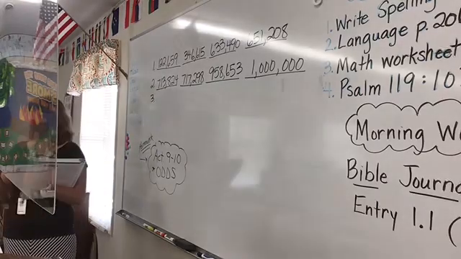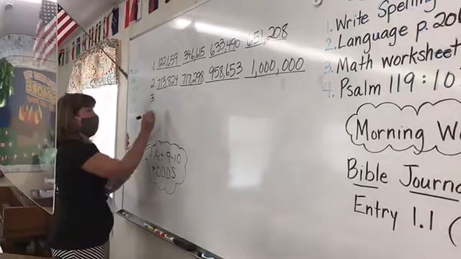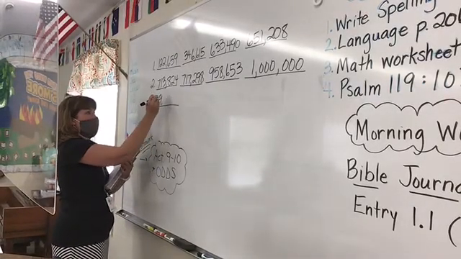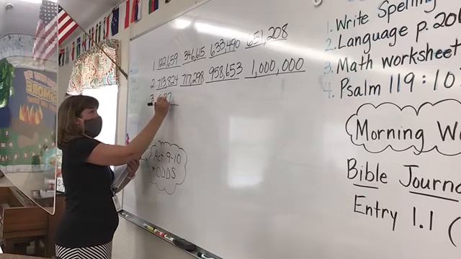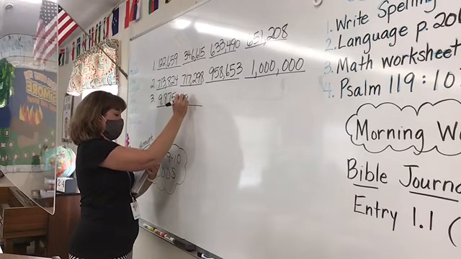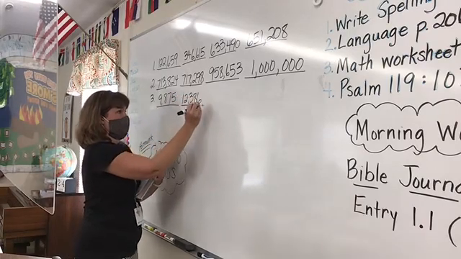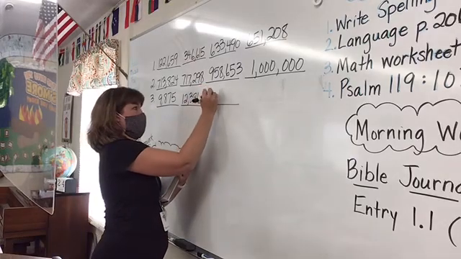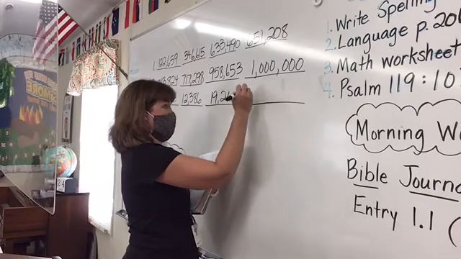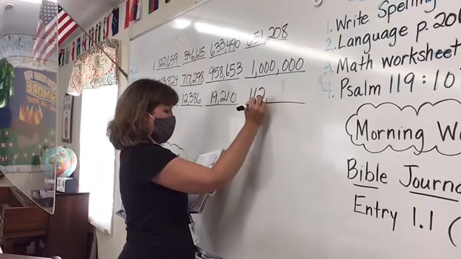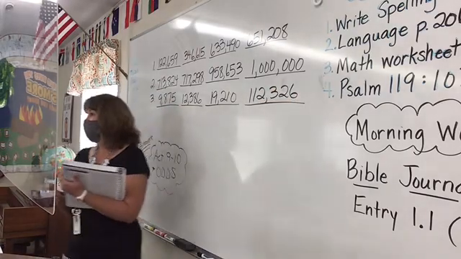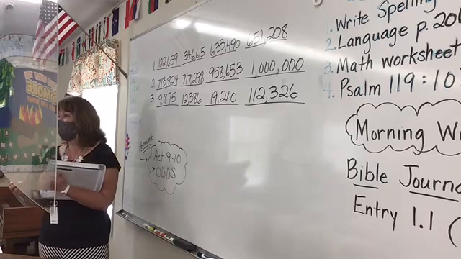Alright, and then number 3, Jacob? 9,875. 12,386. 19,210. And 326.